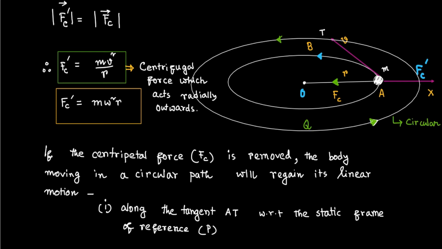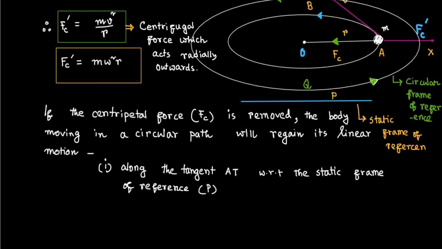Q is the circular frame of reference. And another frame of reference which is at rest is called the static frame of reference. In this case, P is the static frame of reference.